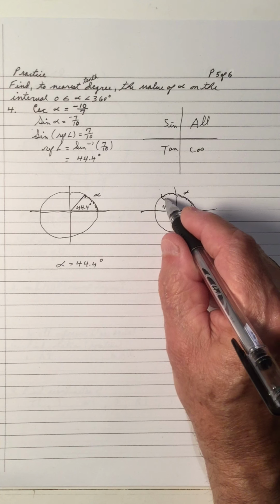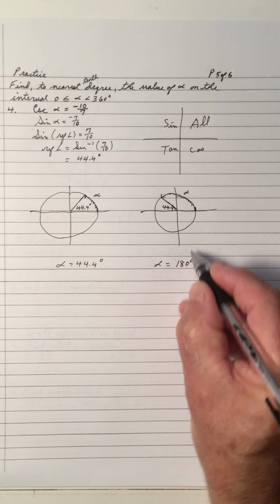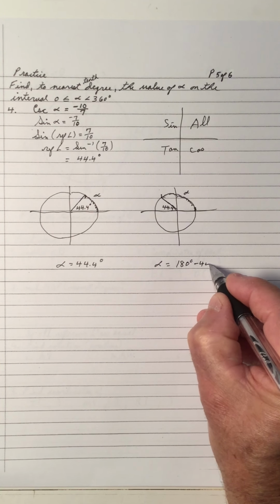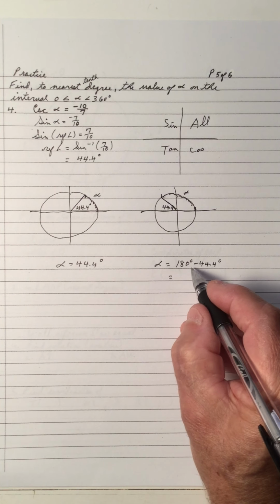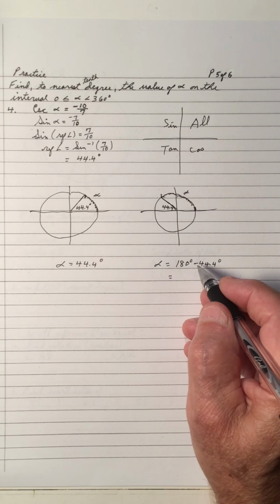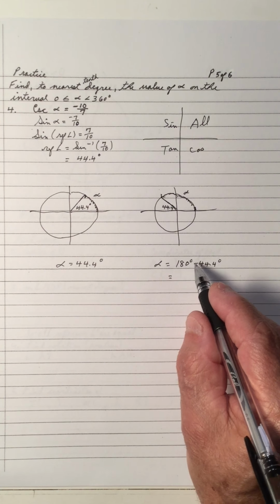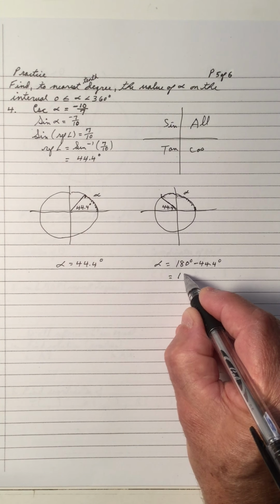And alpha here is in the second quadrant, so alpha is 180, come back 44.4, subtract. And that gives me 135.6.